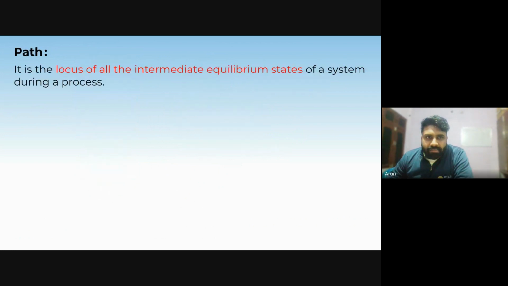Now what is path? So path is the locus of all the intermediate equilibrium states of the system during a process.